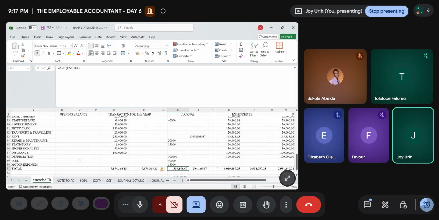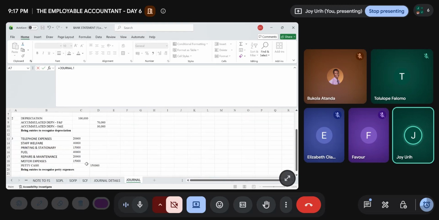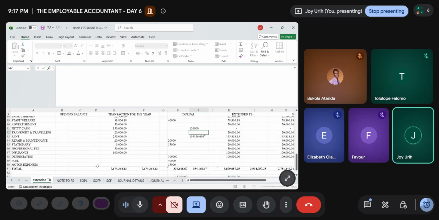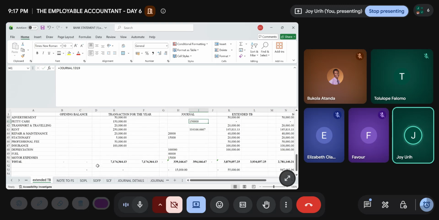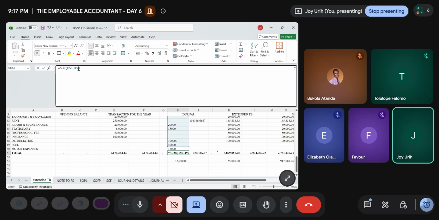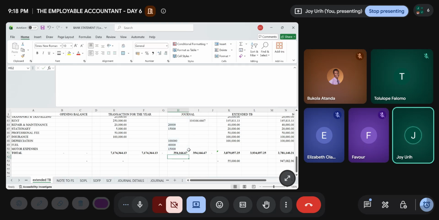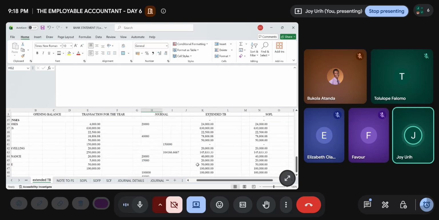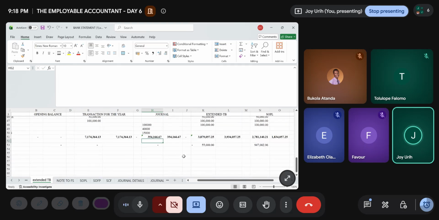So the next thing we want to do is to credit petty cash expenses. Why are we crediting it? We want to take out that figure because petty cash is not an expense. The next thing I want to do is to check, is everything appearing where it's supposed to appear?